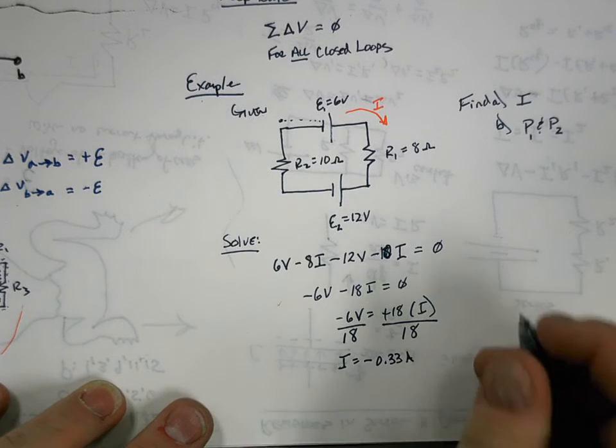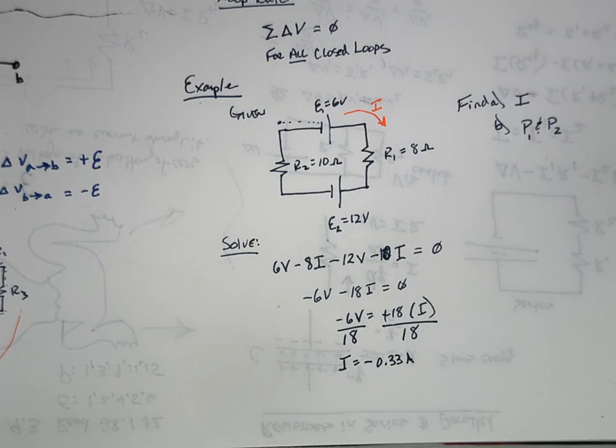amps, right? Now, what does the negative mean? I arbitrarily chose clockwise to be the current. You can kind of eyeball it because you have the battery on the other side.